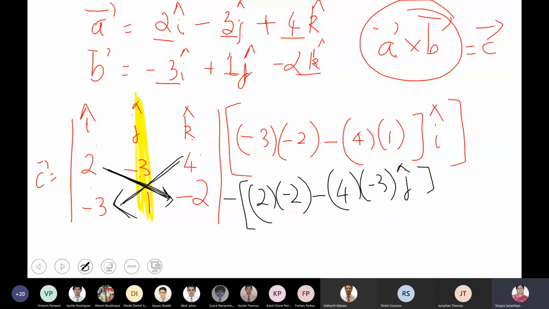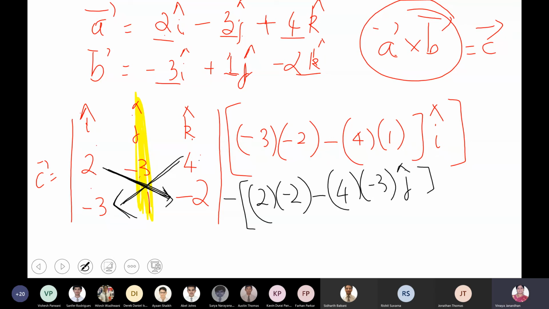Are you clear? Whatever elements you have below J, you have to forget. So you will be left with 2, 4, minus 3 and minus 2. So after you finish your I cap, there should be a negative sign. 2 into minus 2 minus of 4 into minus 3 J cap.